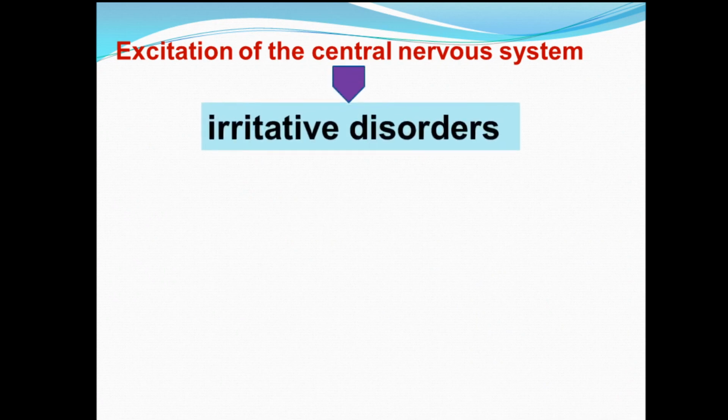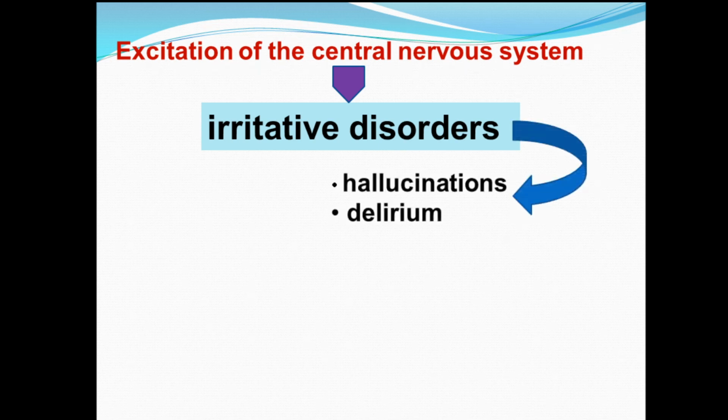Excitation of the central nervous system is manifested with some irritative disorders, such as hallucination or delirium. When the patient is inadequately excited, his behavior does not correspond to the definite situation.